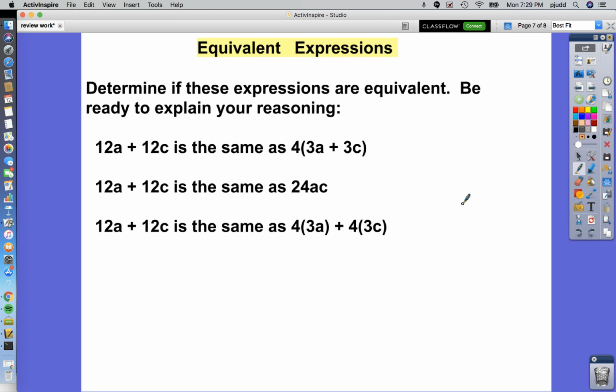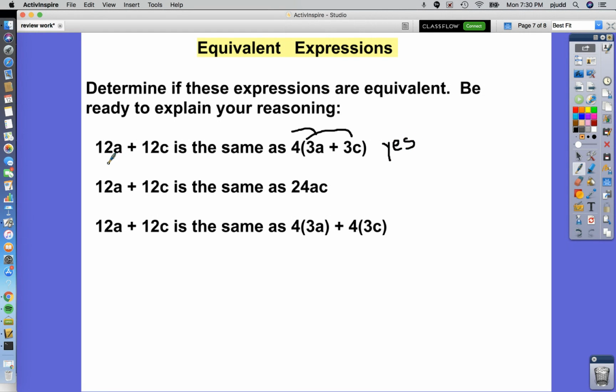Okay, let's check back in. So I'm looking at 12a plus 12c. Well, if I distribute this 4, 4 times 3 is 12a. 4 times 3c is 12c. So are these two the same? Yes.